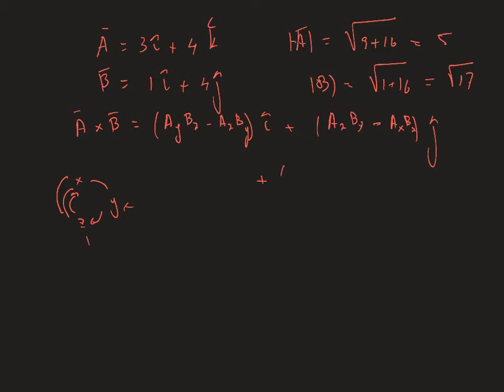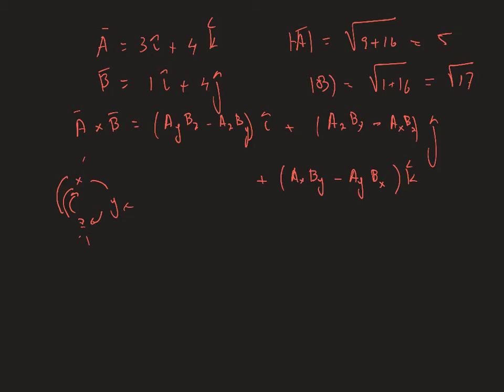And some components in the K direction. So I'm in the K direction, so I start with the X. So it will be AX·BY, minus AY·BX. Correct? So now let me think if I did it correctly. Yes, I did it correctly, for sure.